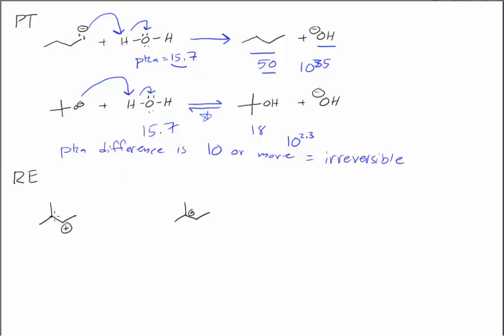And lastly, rearrangements. Of course, that's when the hydride shift happens, and that takes the electrons from the CH bond and plops them into the empty cation, and that creates a tertiary cation from a secondary cation in this case. And so we know that the tertiary cation is much lower in energy. And so generally these are going to be irreversible.